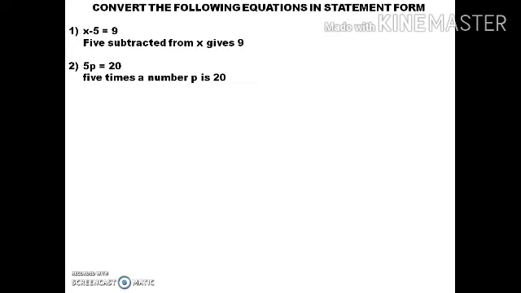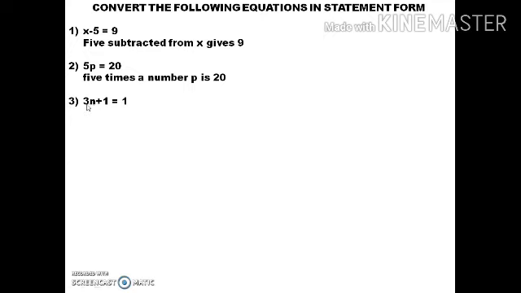Let us see the third question. 3n plus 1 equal to 1. In the first class, I told you that you can see two operations in this equation. Can you tell me which are the two operations?